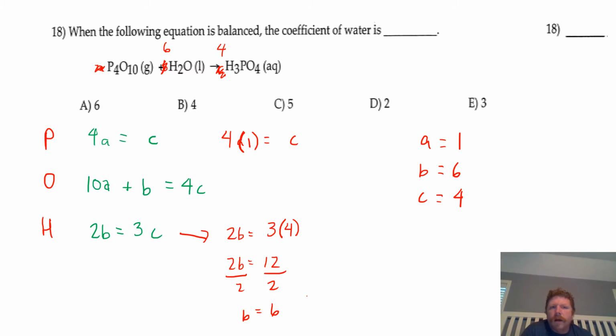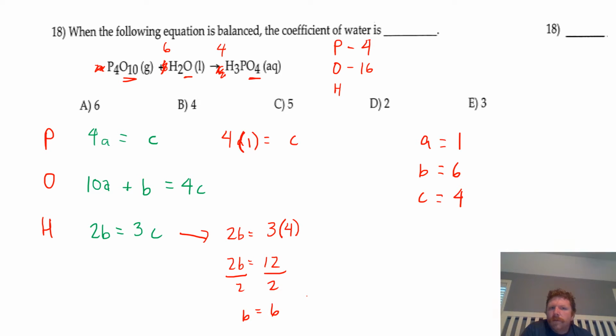We have 10 oxygen in our P4O10. We have 6 right here because there are 6 H2O molecules. And then we have 4 oxygen in our H3PO4, but we have 4 of those, so we have a total of 16 oxygen.